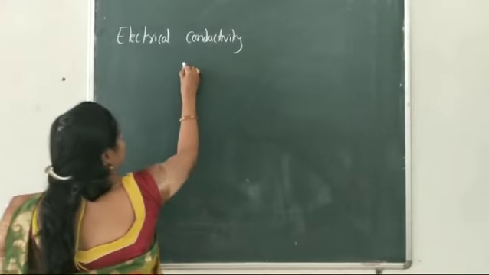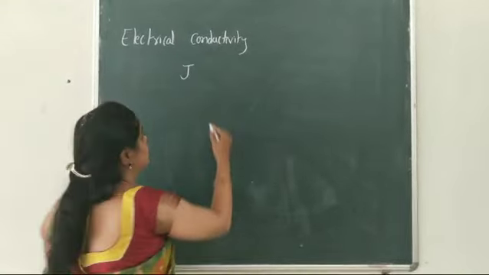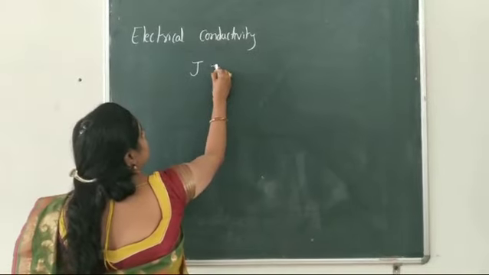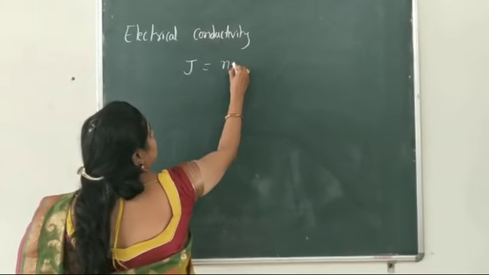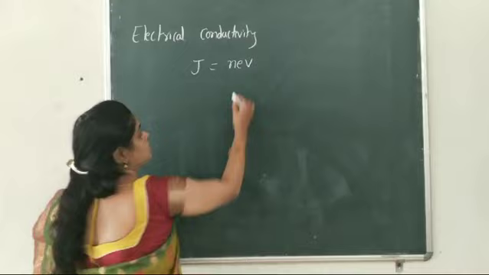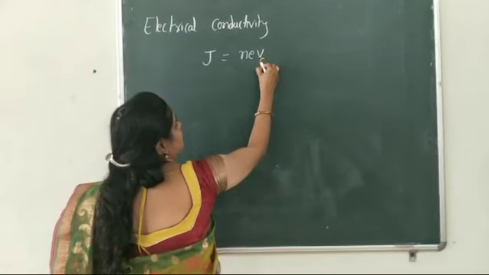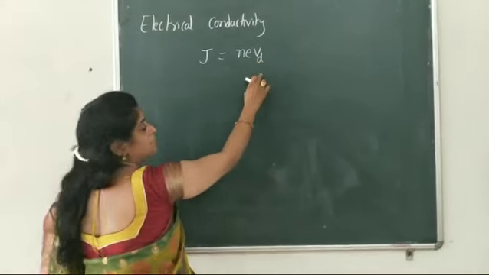Here the current density due to charge flow of electrons is J equals n e v, where v is nothing but v suffix d, the drift velocity.